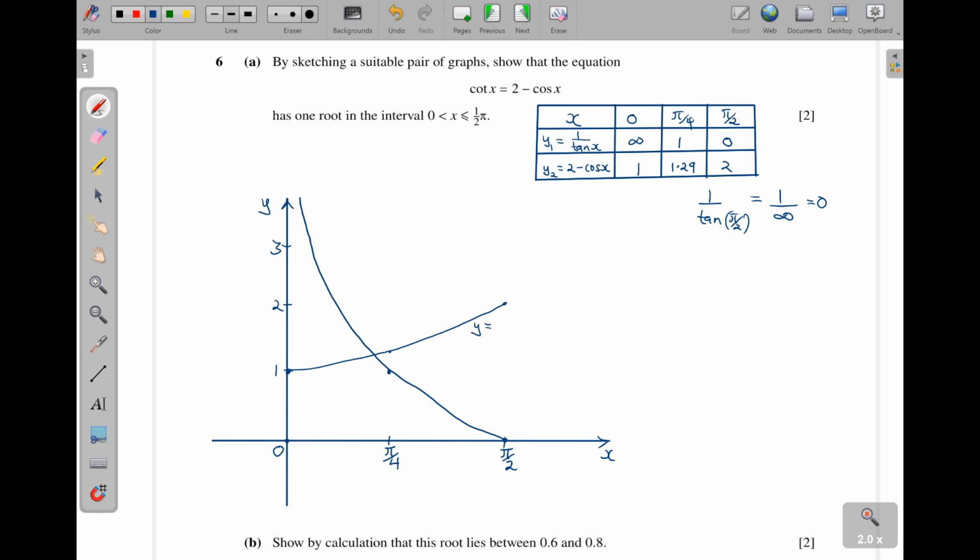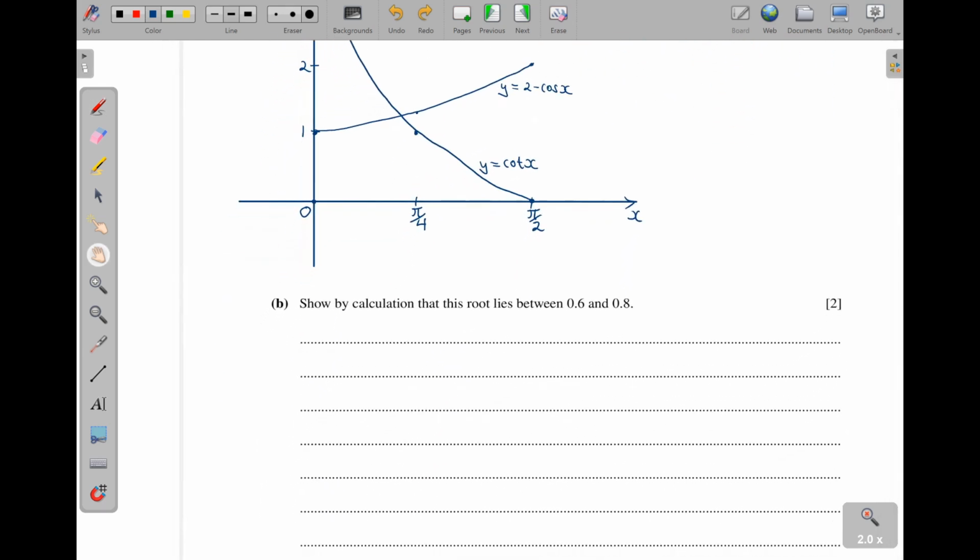This is y equal to 2 minus the cosine of x, and then this is y equal to cot of x. So these two are meeting at one point here, okay. So that means there is one root within that interval of 0 to 90. So within this interval here, they are meeting once, okay. So that confirms our graph.